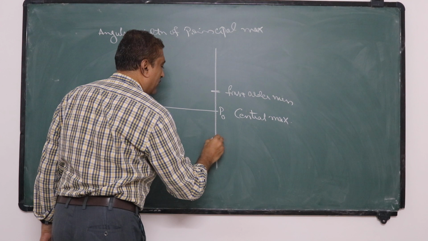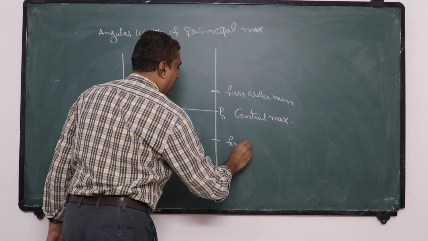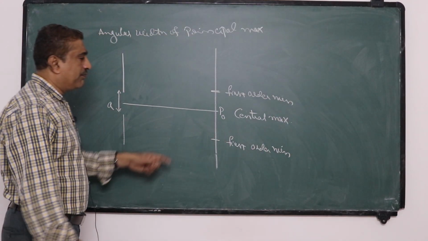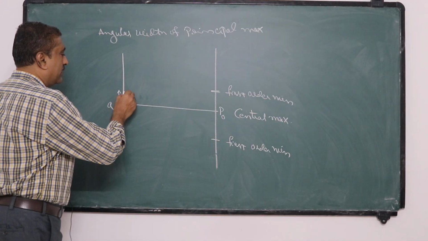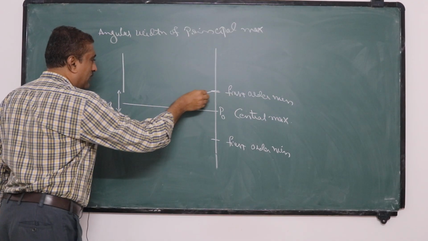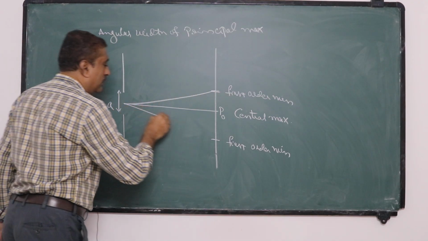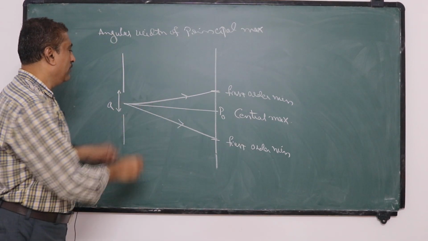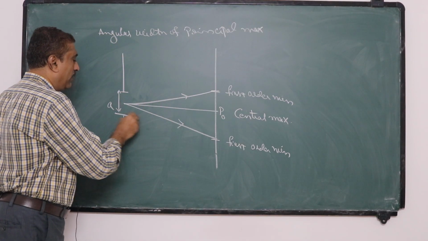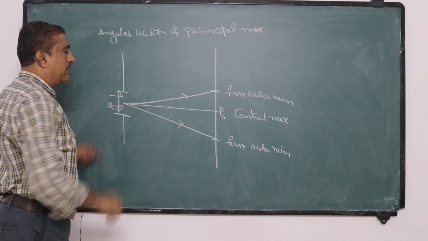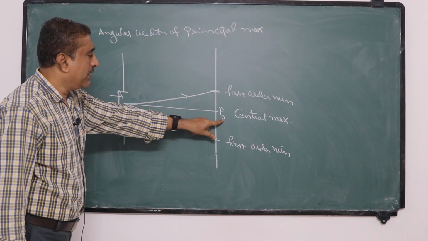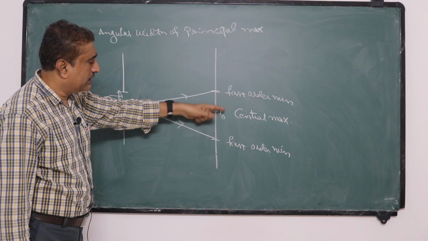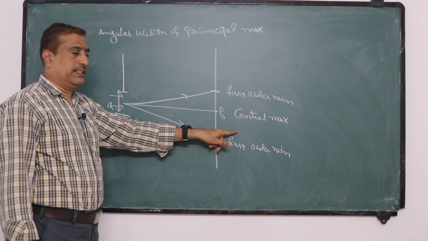And on this side also we get a first order minimum. So again, for a single slit like this, if we assume the slit of width A and parallel rays are incident on it, we get a central maximum P0, and we get minima on both sides, either side of this central maximum.